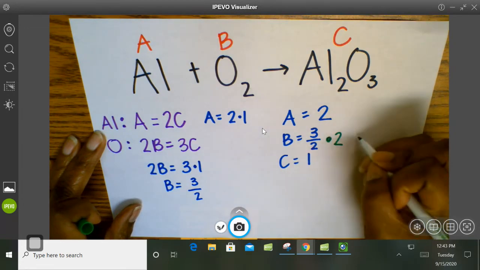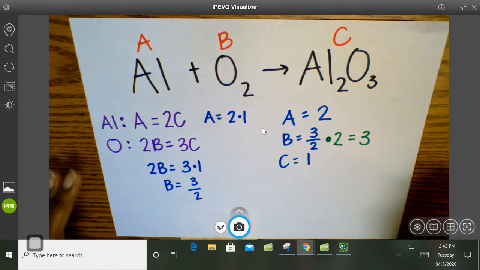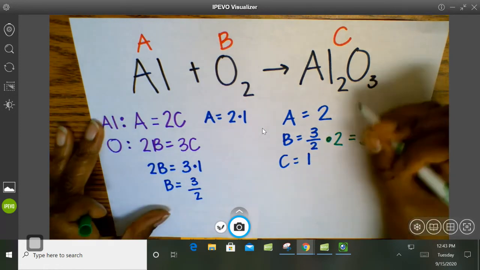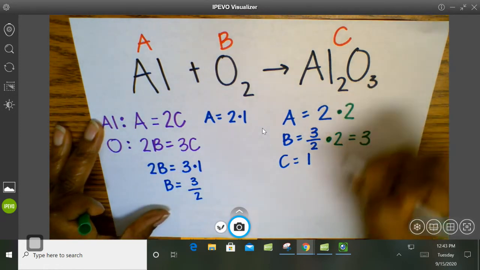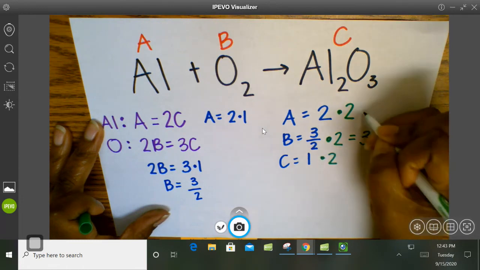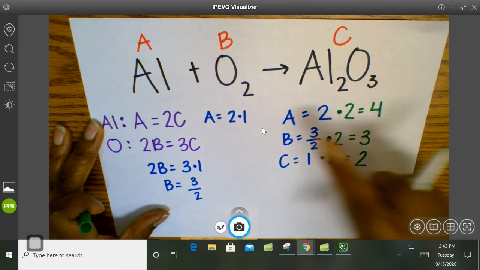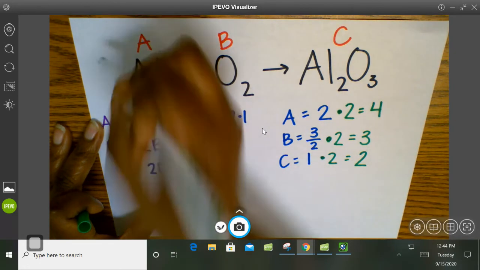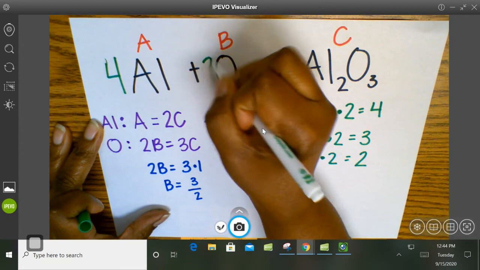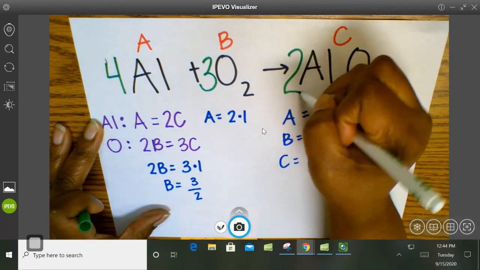So 3/2 times 2 equals 3. But there's this funny thing about math. What you do to one thing, you got to do to the other ones. So this has to be multiplied by 2, and this has to be multiplied by 2. So this is going to be 4, and this is going to be 2. So your coefficients are going to be 4, 3, and 2.